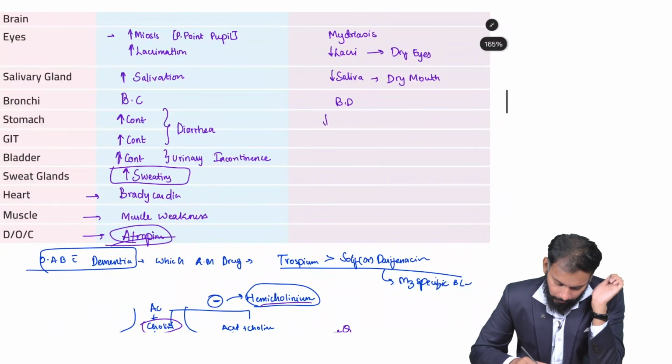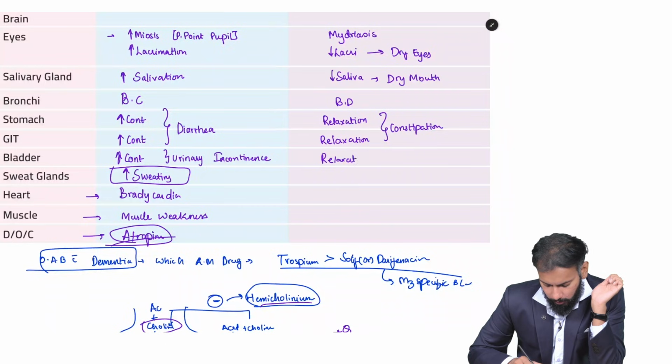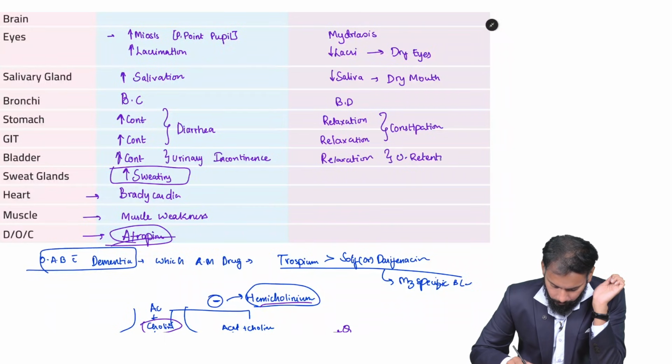Next, it will cause relaxation of what? Stomach and GIT, so it will cause constipation. What about the urine? Again, relaxation of bladder, so there will be urinary retention.